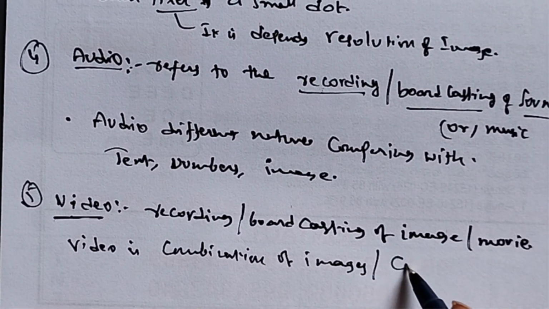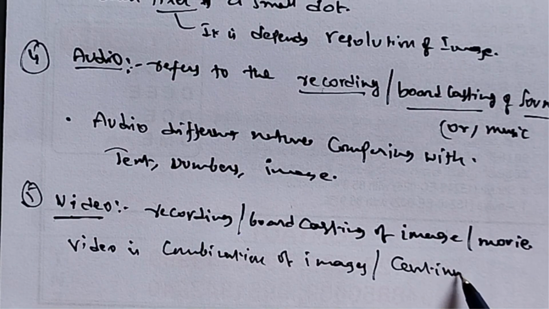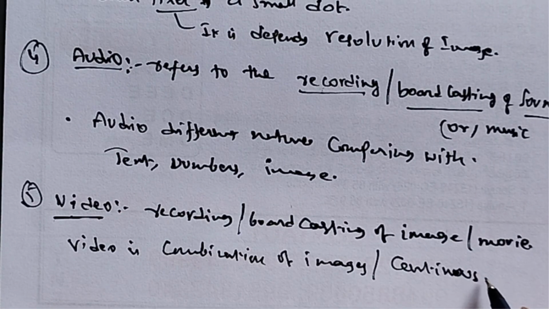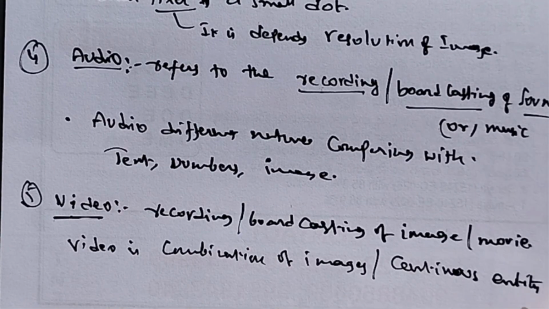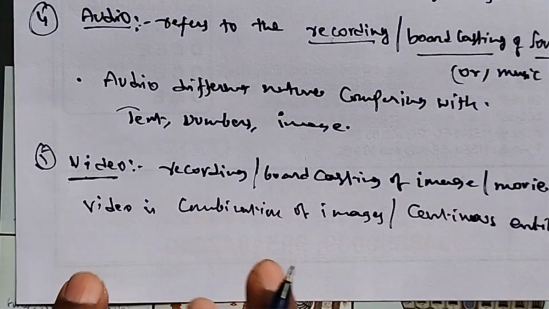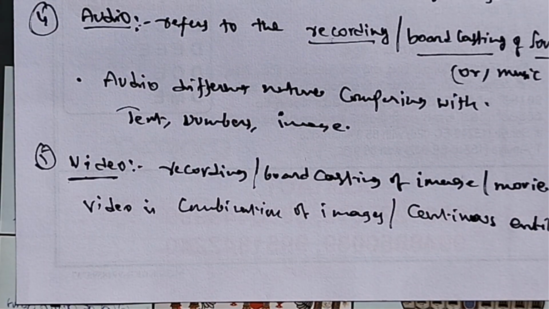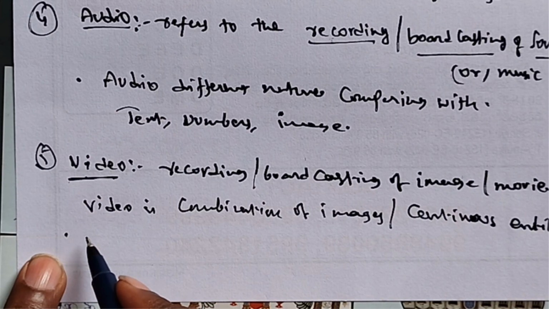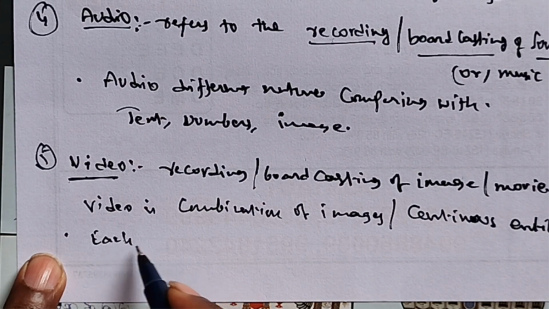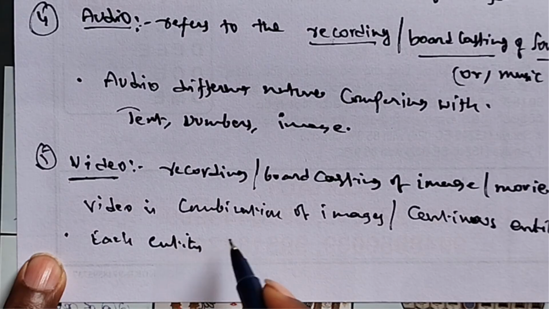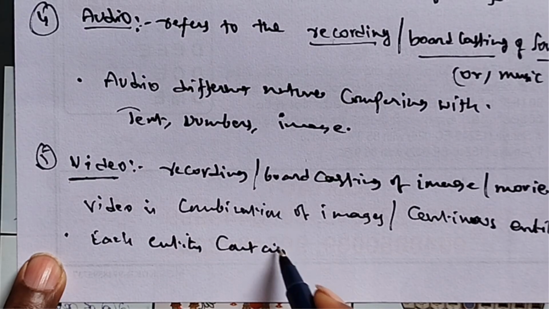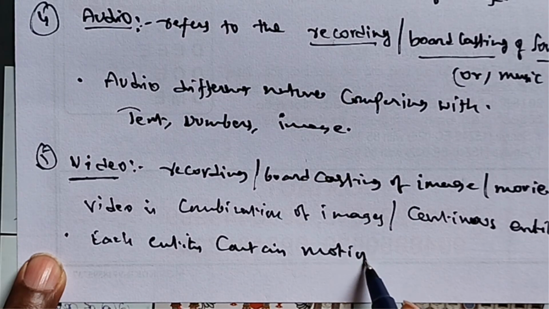Each discrete entity is arranged to convey the idea of motion.